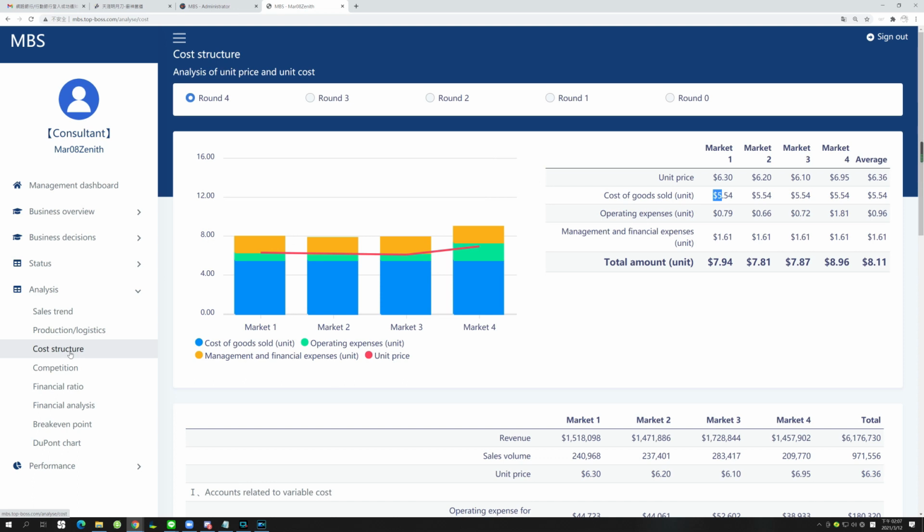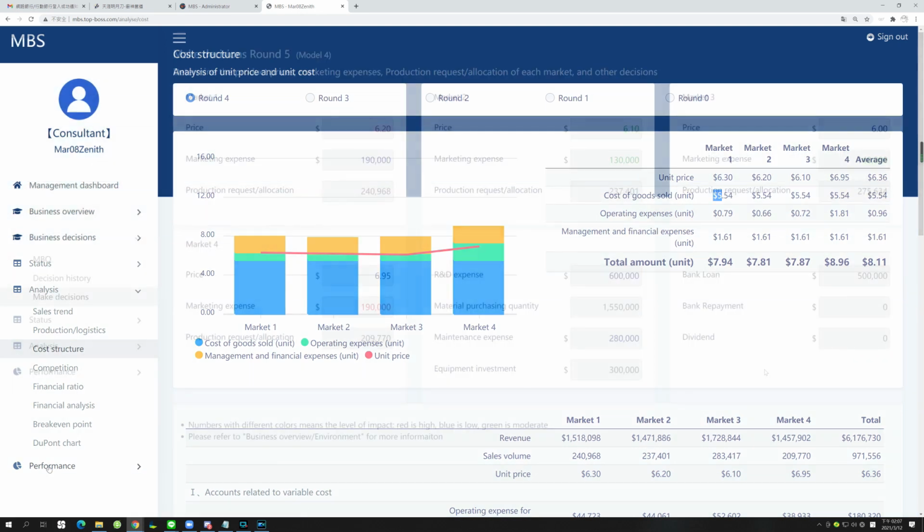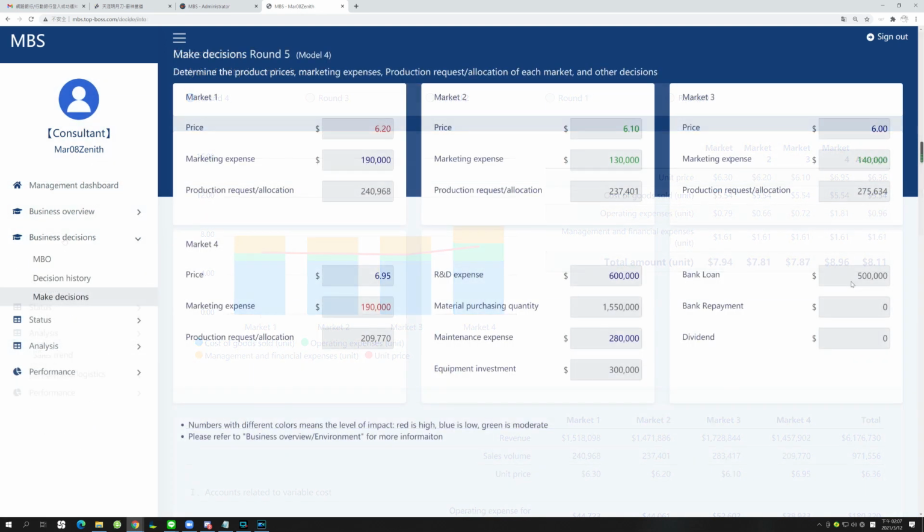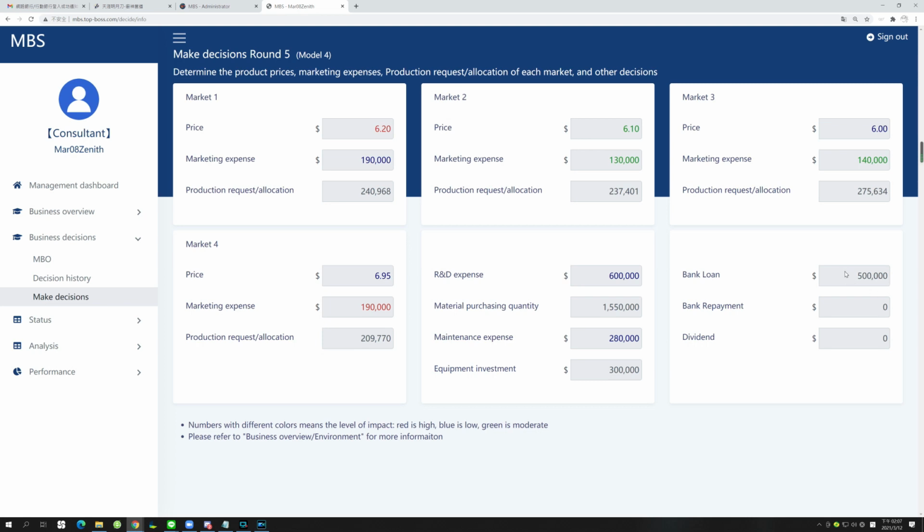But there is also a drawback, which is that capital becomes less. If you're running low on cash, you may have to borrow money from the bank. You can see in the Make Decision page there is a column for bank loan, so if you're running low on cash, you may want to borrow money from there.